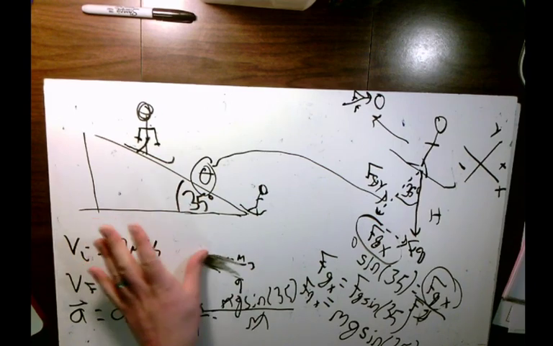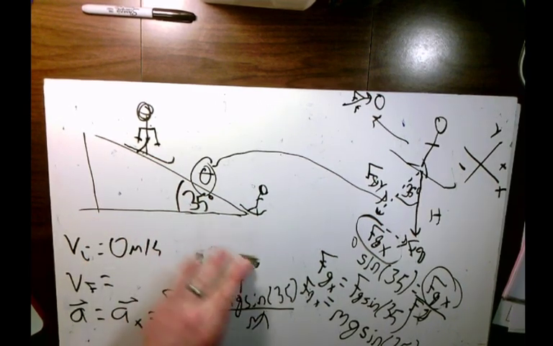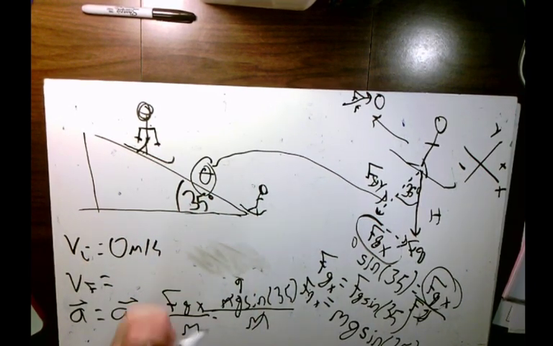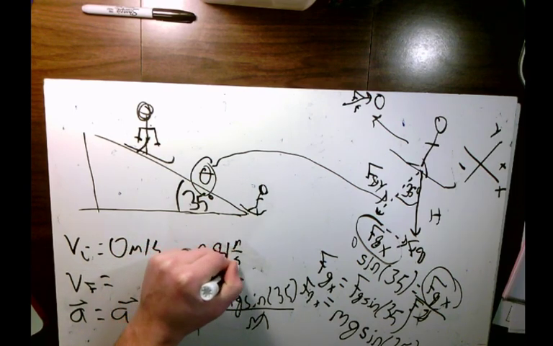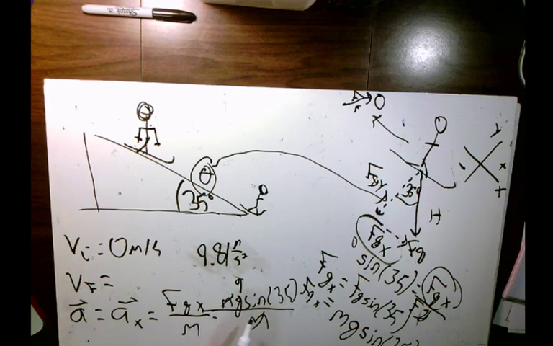That's very messy. Oh no, what have I done? Gravity, 9.81 meters per second squared times sine 35. So our acceleration is equal to positive, because we're going down to the right.